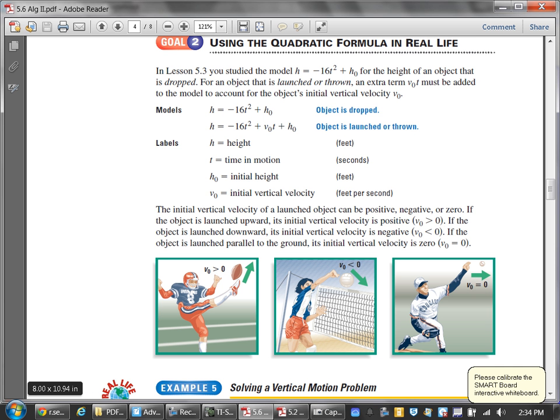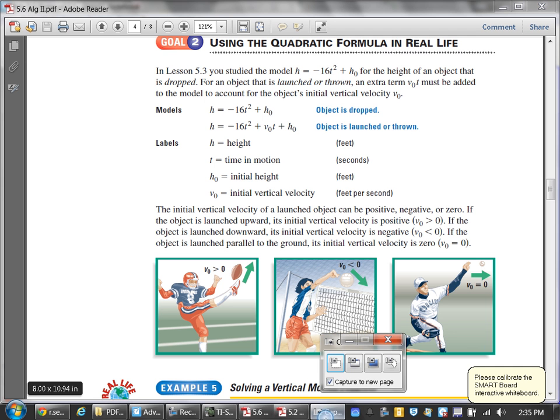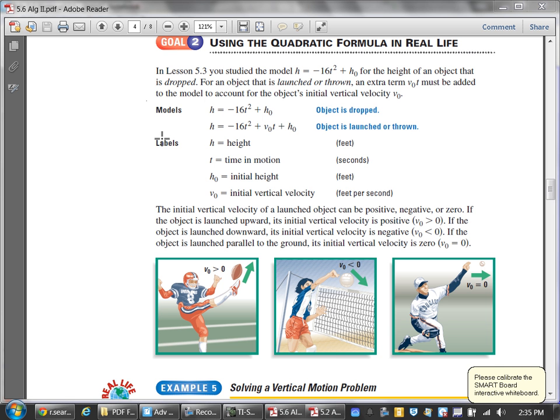There are a couple of problems in 5.6 that use this generic start of a model. Every initial velocity problem in a vacuum, where we're not dealing with wind resistance or anything, always has the same idea.